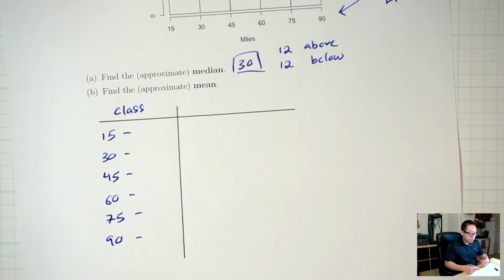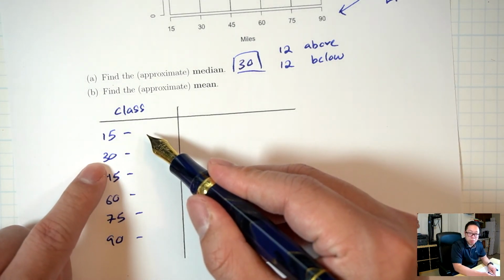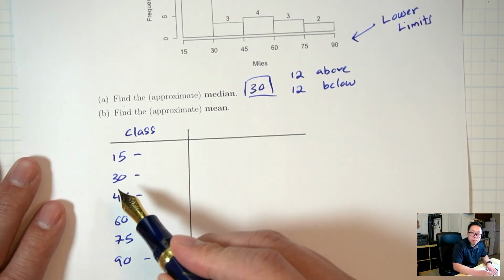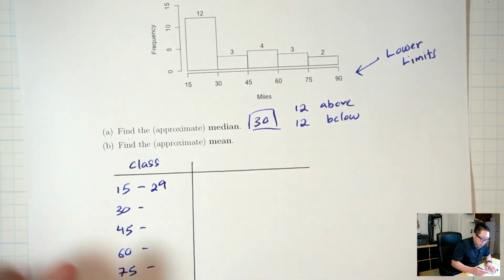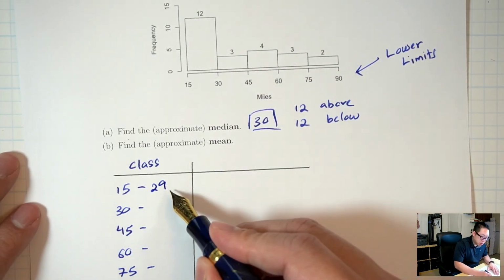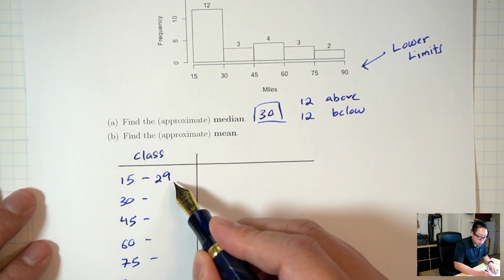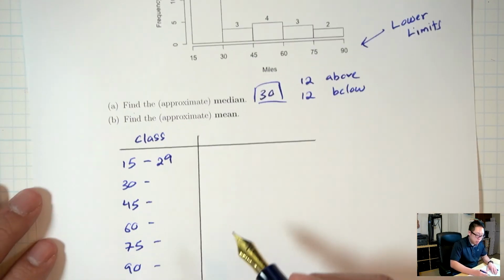How do you find the uppers? Just look at the next lower and go slightly below it. What number is slightly below 30? 29. Since we don't have the original data, I don't know how many decimal points to put on here, so 29 is fine. You could also go 29.99 or 29.999. It doesn't matter here.